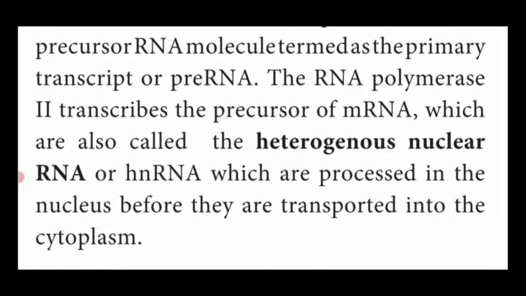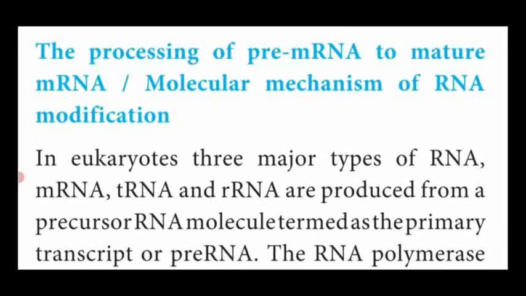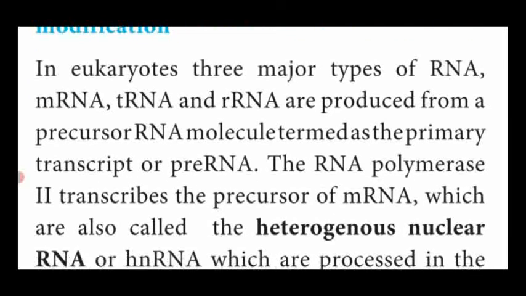That process is called RNA modification, or the molecular mechanism of RNA modification. The enzyme responsible for changing precursor RNA or pre-RNA into mature RNA or mRNA is known as RNA polymerase II.